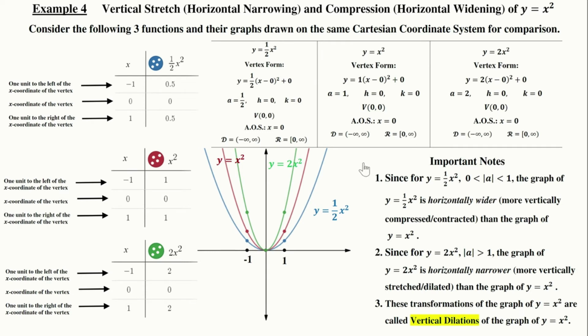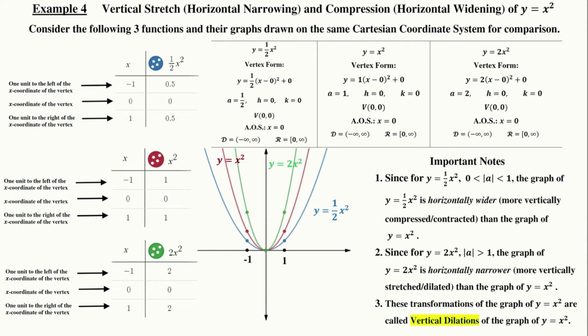Remember, we're always comparing to the reference parabola. You always have to have a reference to compare to. Like with lines, that was the line y equals x. So when we wanted to say steeper or less steep, we always compared to the line y equals x.